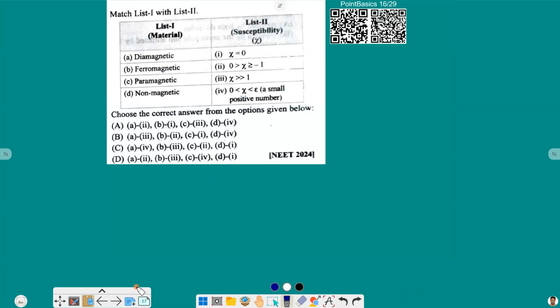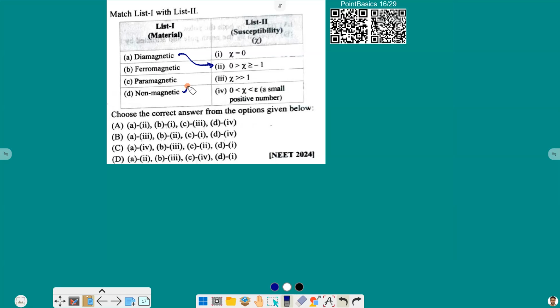So we have to match. Now, as already discussed, for the diamagnetic material, xi is less than 0 and greater than minus 1, so diamagnetic should match with option 2. Now after that, non-magnetic materials.